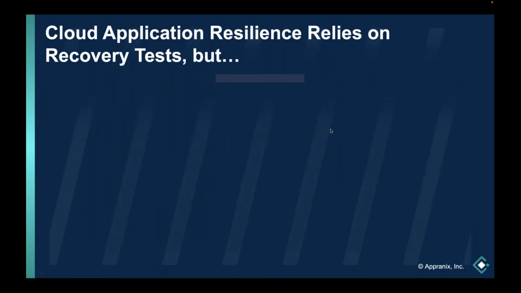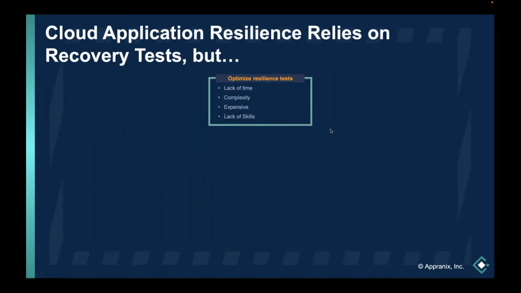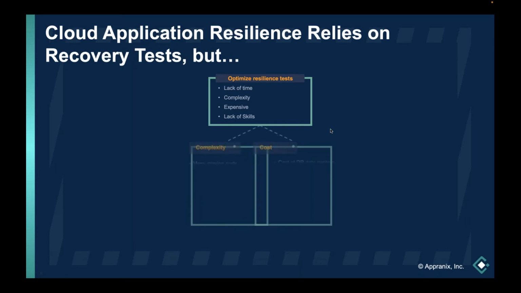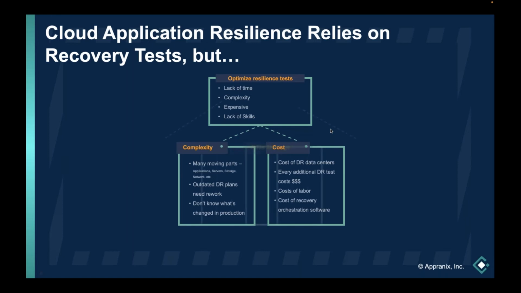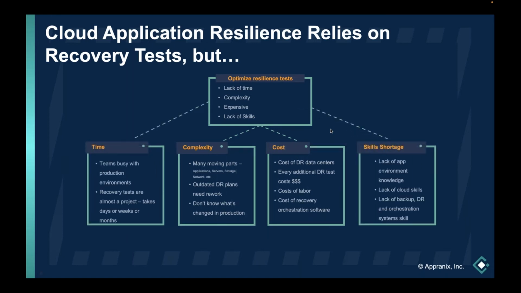Now, in order to test, obviously, you need to have the ability, the skill, the time, and the cost of it, right? There are clear documentation and numbers around how much enterprises used to spend for a single DR test.